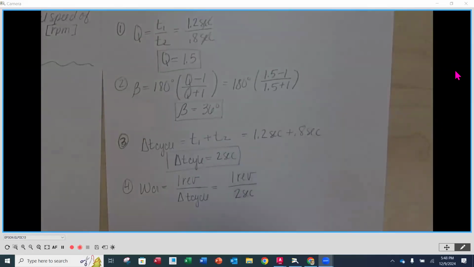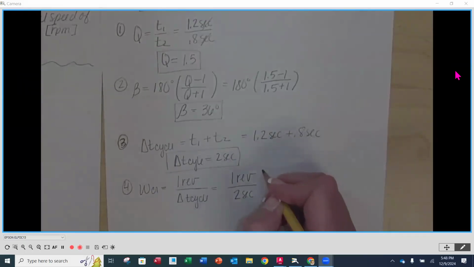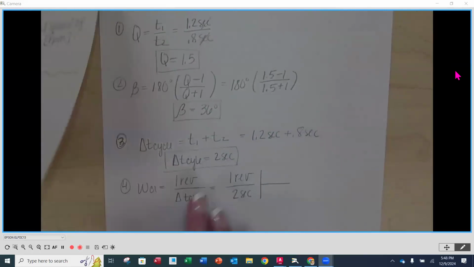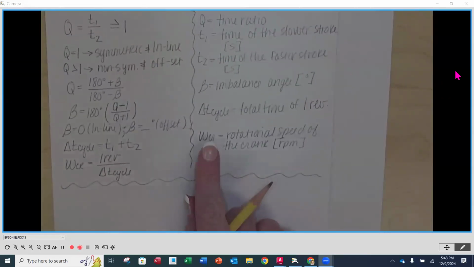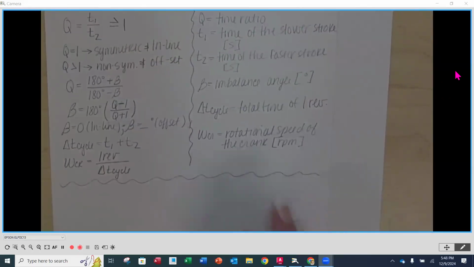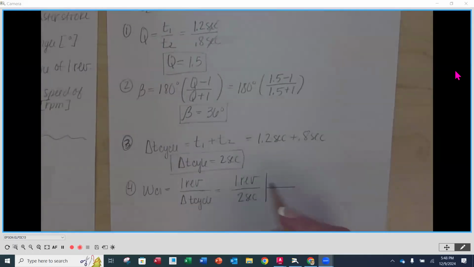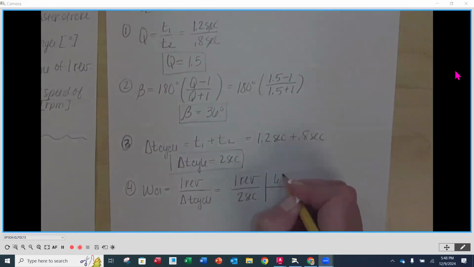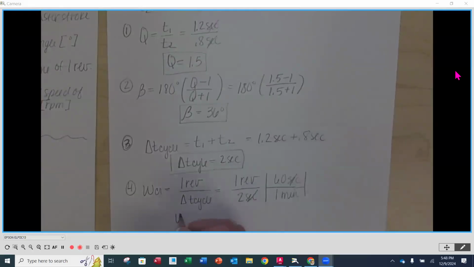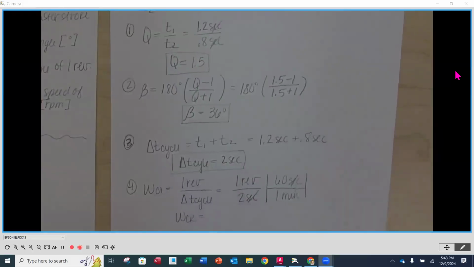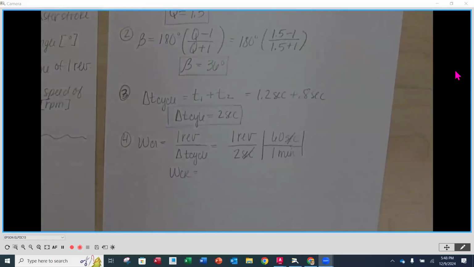This is in revolutions per second, half a revolution per second. But we always report our rotational speed in RPMs, so we want to change this from revolutions per second to revolutions per minute. We multiply by 60 over 1 minute. Seconds cancel here. What do we get for the rotational speed in RPMs?